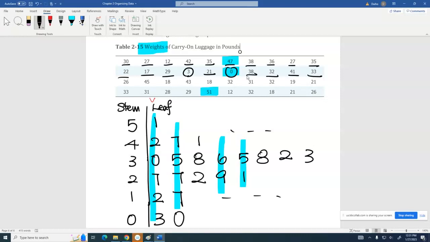It is the last page in chapter 2. What did we do? Organizing the data. And we have 2 parts. With the numerical variable, we made the frequency table, histogram, and now the stem and leaf. The other way, categorical variable, we also made the frequency table, bar graph, pie chart, right?